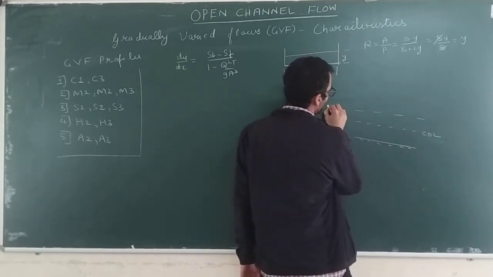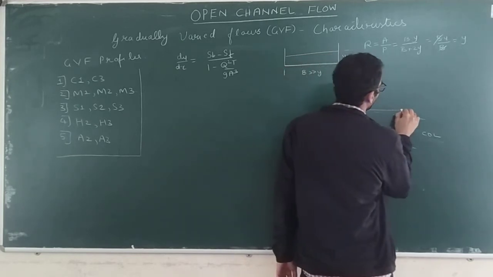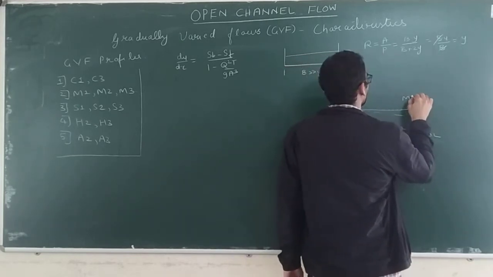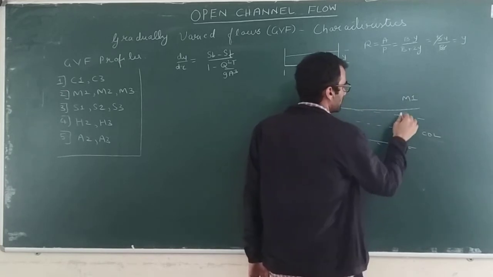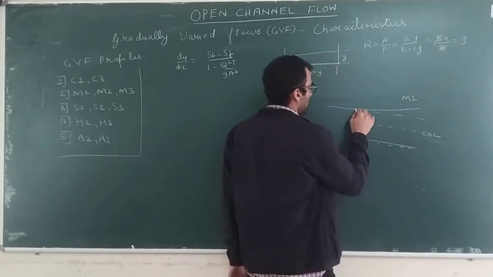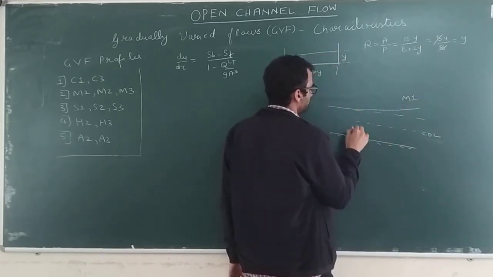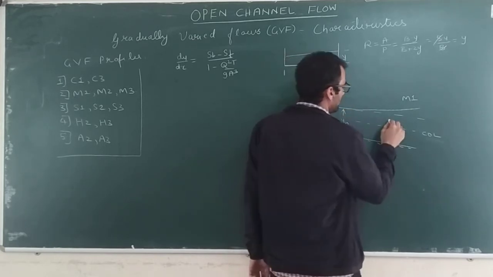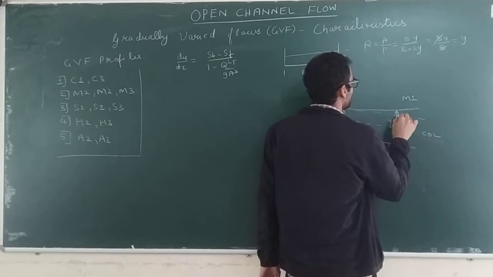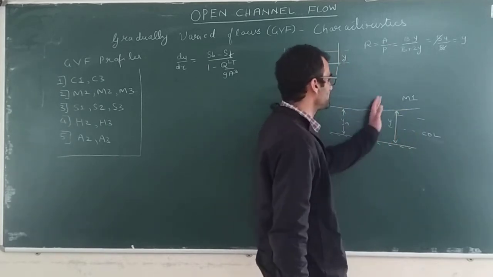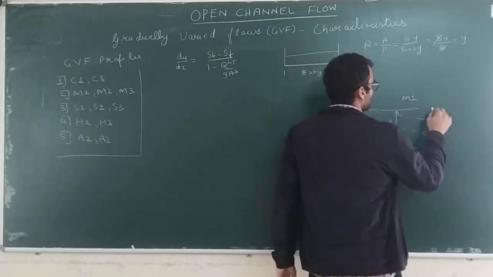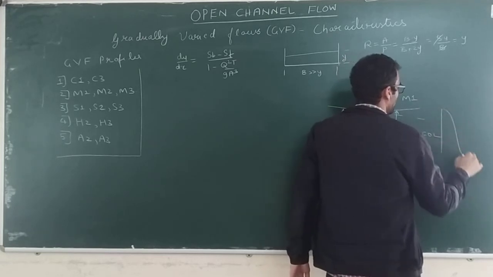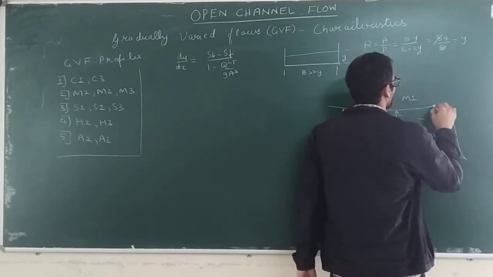So flow was coming with a normal depth, and then it was in an M1 profile, in the gradually varied flow zone. It was in the normal zone here, yn, and then it was y. Y means flow depth in the GVF zone. We are talking about this profile now.